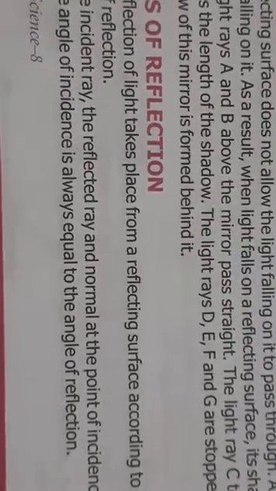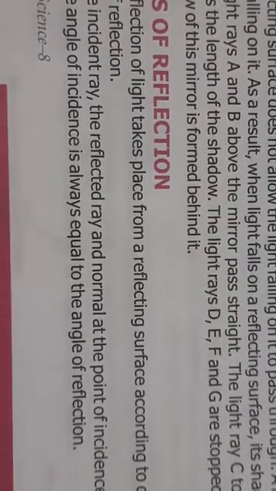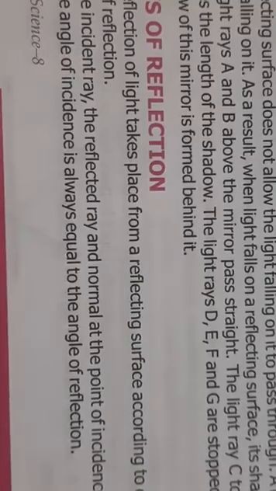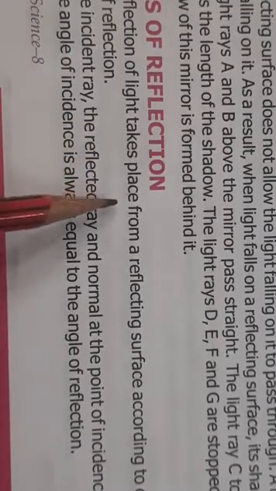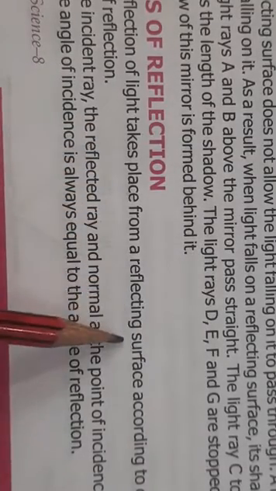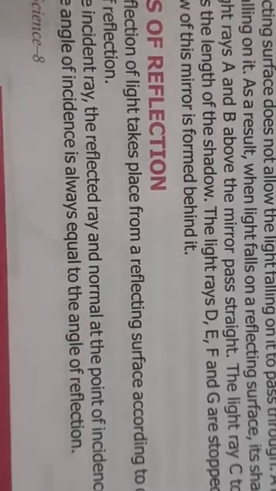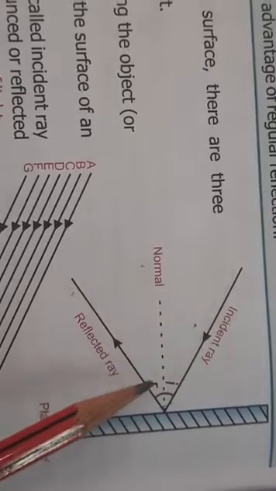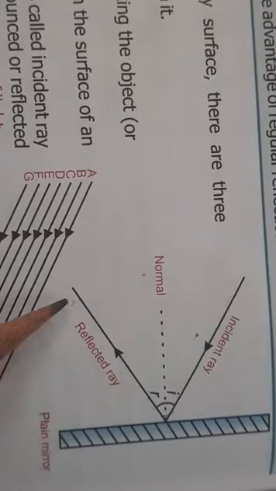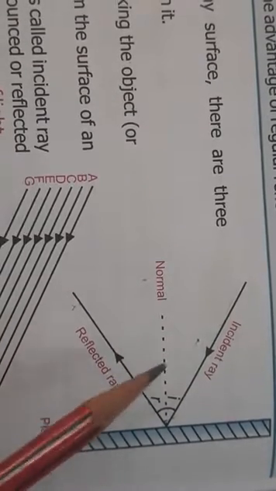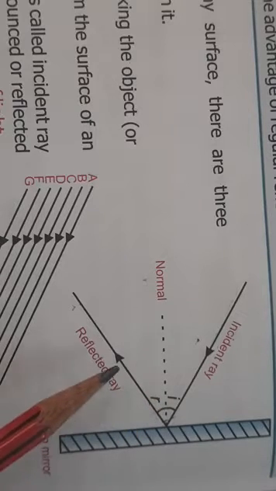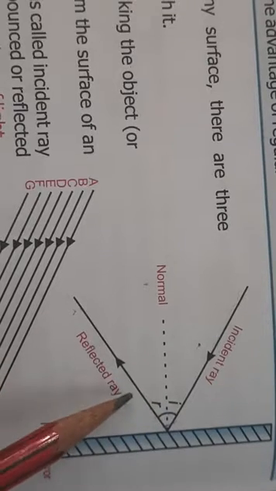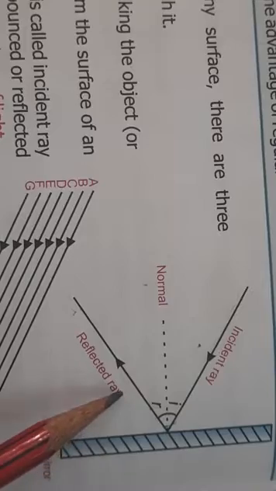Now what are the laws of reflection? There are two laws of reflection. Whenever the light rays hit any surface, it gets reflected, and it gets reflected according to a definite law, and these are called the laws of reflection.